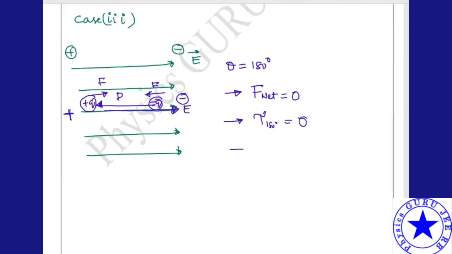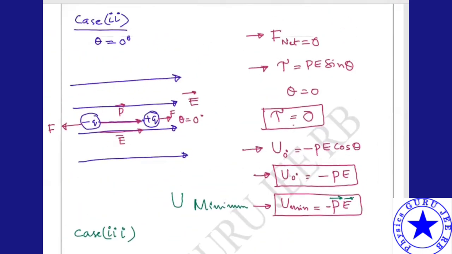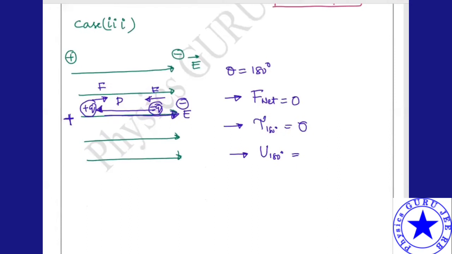Now we can say, for the potential energy, U of 180 degrees. Can you tell me what U of 180 degrees is? Here U is nothing but minus p E cos theta. Simply I can substitute minus p E into cos theta. When theta is equal to 180 degrees, cos 180 is equal to minus 1.